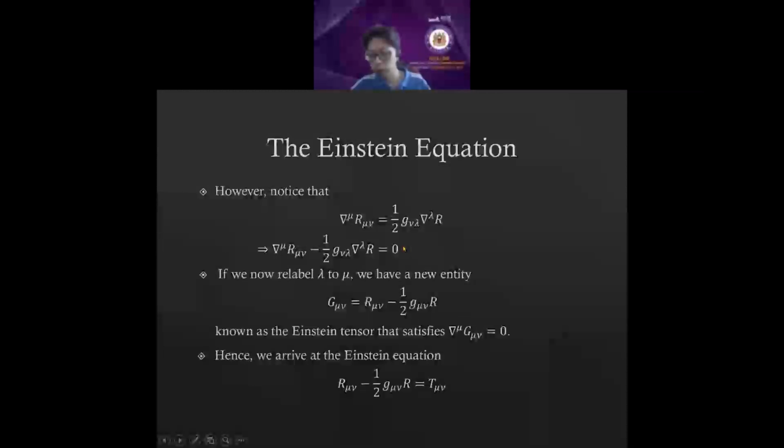Like just now, on the right hand side, we have to replace it with something that contains the density as well, something that contains the mass density. And indeed, even in special relativity, we have that stress energy tensor. So we know that we can replace it with that, right?